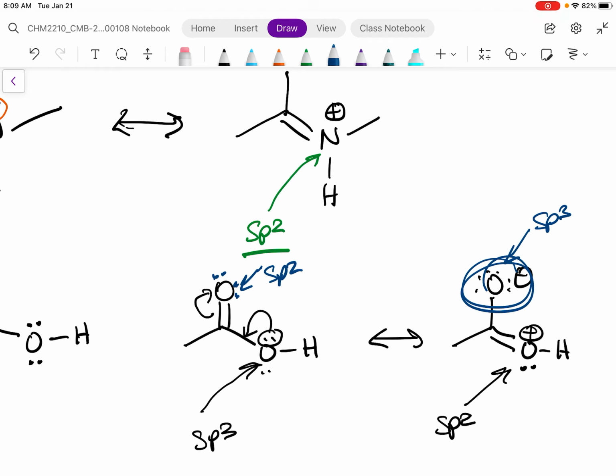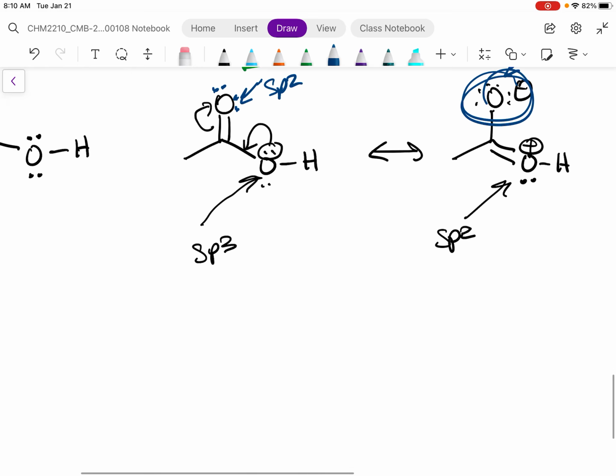As you go through resonance problems, you're going to start seeing patterns. If you purchased that paperback book that I suggested from Klein, Organic Chemistry as a Second Language, it has lots and lots of resonance problems that you could practice with, and they show you patterns that you can start recognizing.